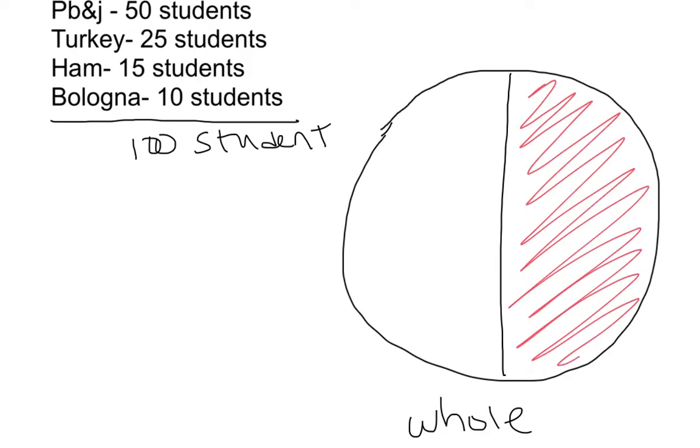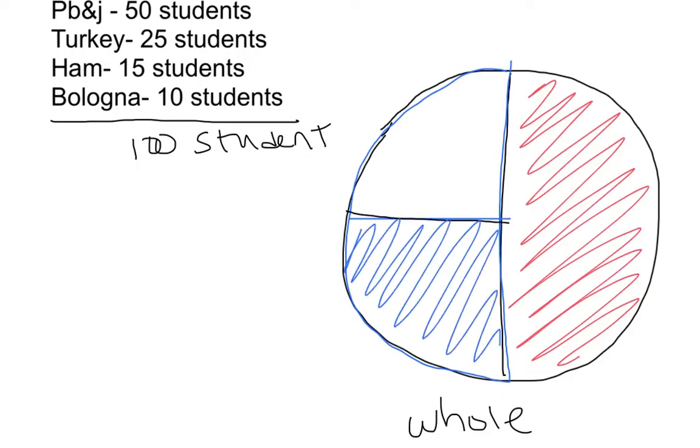Now I'm dealing with just this half of the circle, which leaves me with 50, and I know 25 is half of 50, so I'm going to split this in half, and this is going to be my turkey. I'll label that with a T, and label this with a PB&J.